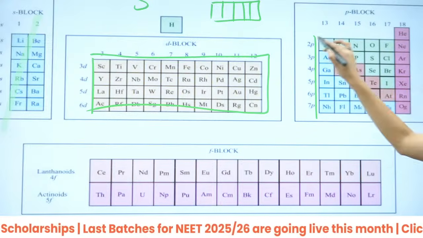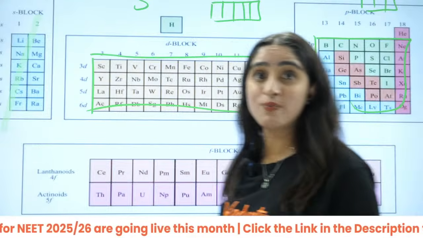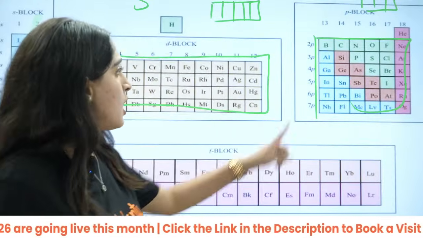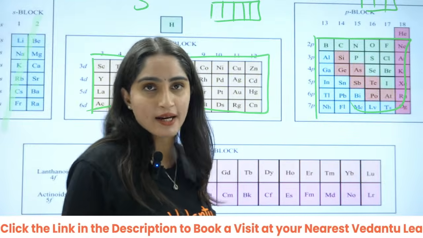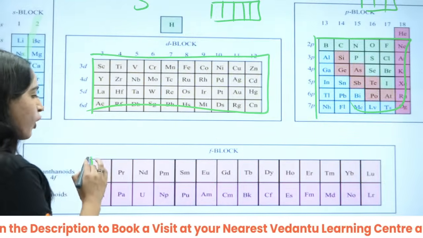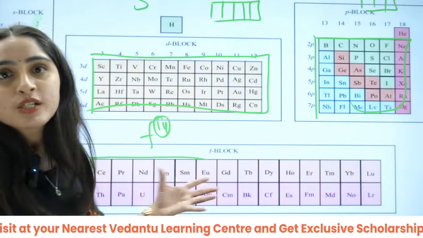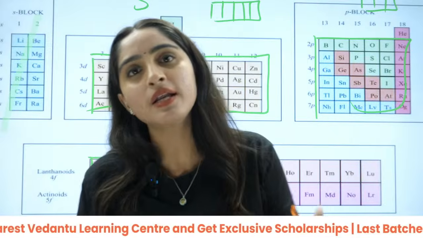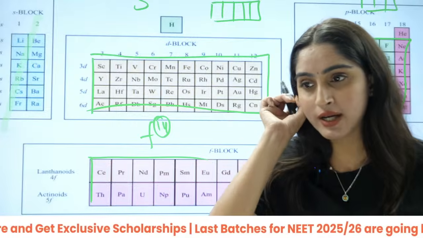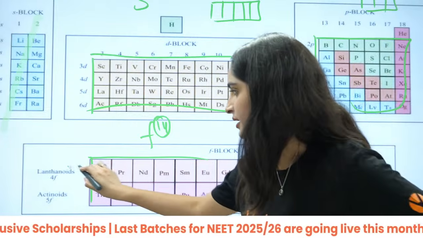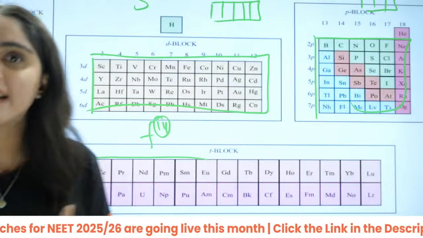In p, you write 3 boxes, maximum 6 electrons can be there. 1, 2, 3, 4, 5, 6. 6 groups are there. Similarly with the f block, that means f14. Why f14? Because maximum you can have 14 electrons in the f block. You have 14 elements in the f block. In lanthanoids, you have 14. Actinoids, you have 14. So that means these all are interrelated to each other.